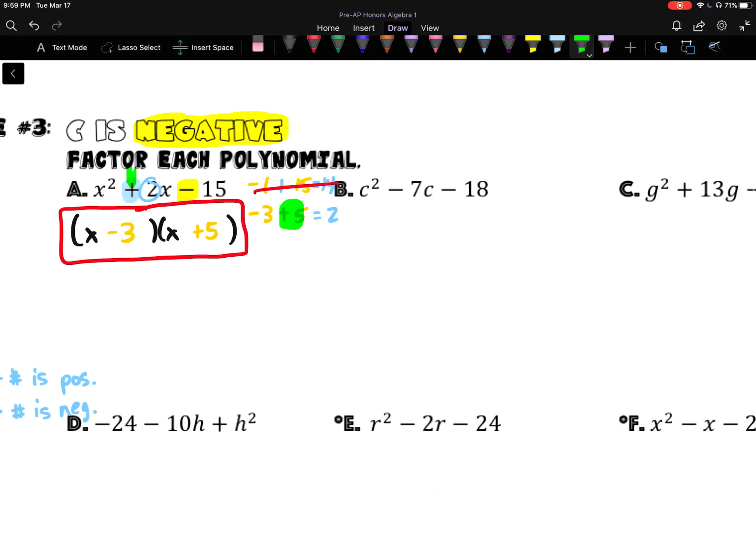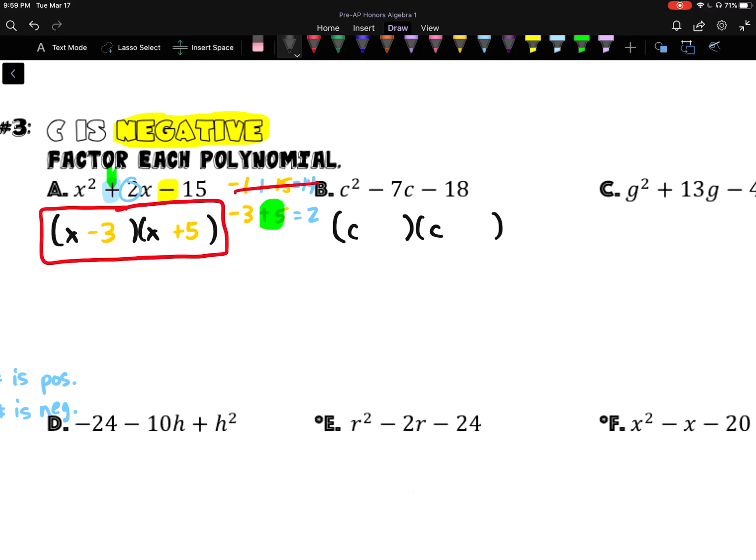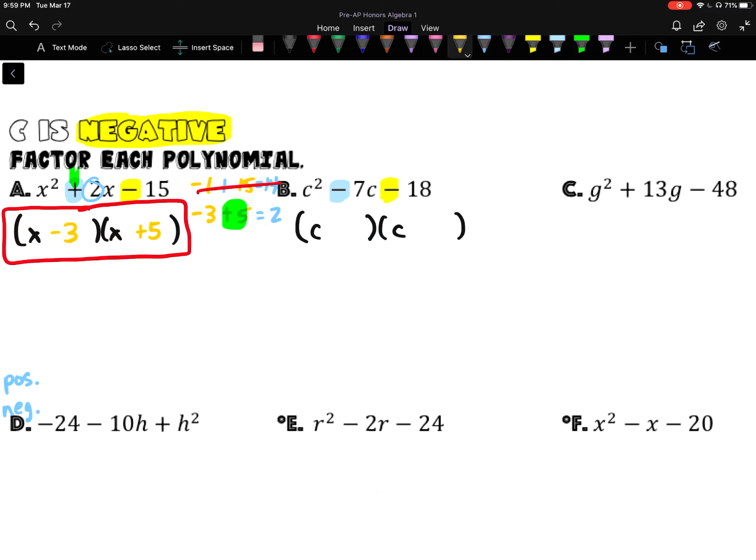Okay. All right, so taking a look at B, only way to get to C squared is C times C. I know I'm going to have one positive, one negative because C is negative, and I want my larger of the two numbers to be negative. So if I list out my factors of 18, I have 1 times 18, 2 times 9, 3 times 6.